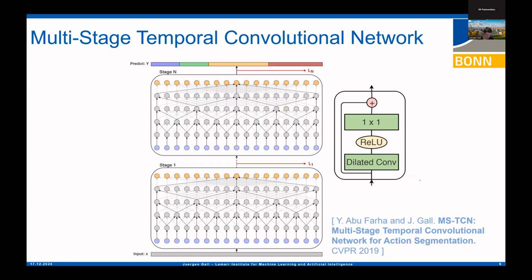We increase the dilation factor 2, 4, 8, and so on, and at this point we reset it and start again with dilation factor 1, 2, 4, and so on. We add multiple stages, and in each of the stages we have the loss as before, to make sure the network trains to make the correct prediction of the ongoing activity for each of the frames.